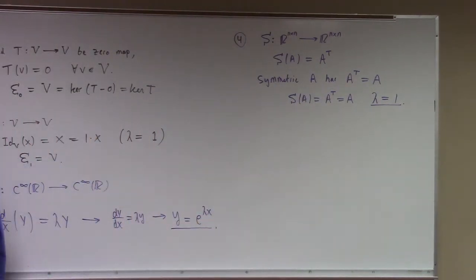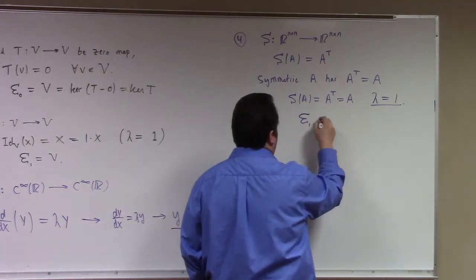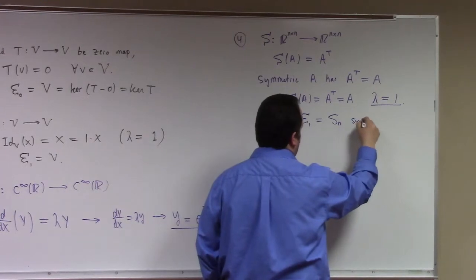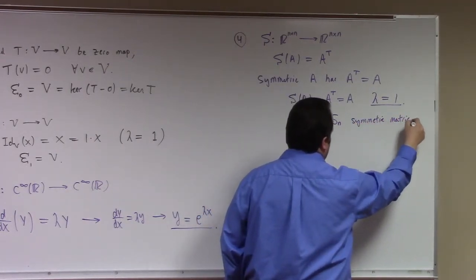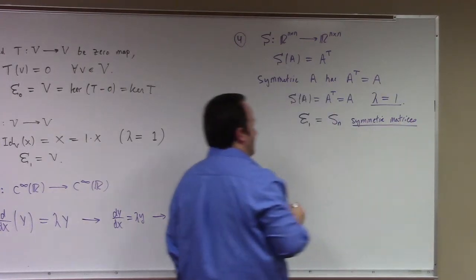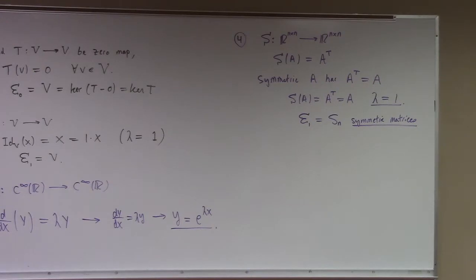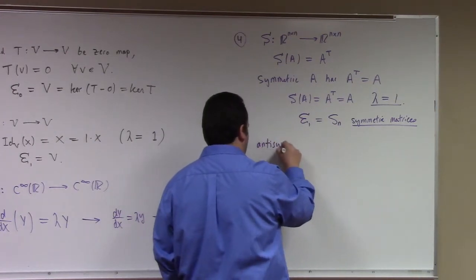Right? So in this context, the eigenspace with eigenvalue 1 is what? I've called it Sn, right? Symmetric matrices. That's not great notation. I really need to come up with something better for it, because past this point, you guys, Sn will be the symmetric group on n symbols, which means something rather different. And adding embarrassment to this, antisymmetric matrices, well, what are those?